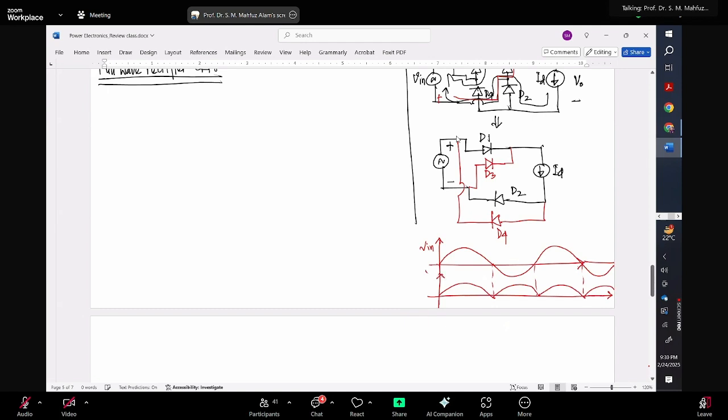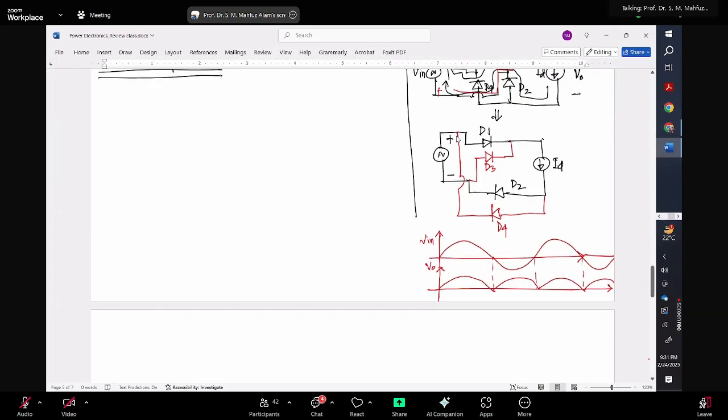Something like that, right? And if my load current is a constant one, because this is my I naught, it is a constant one.